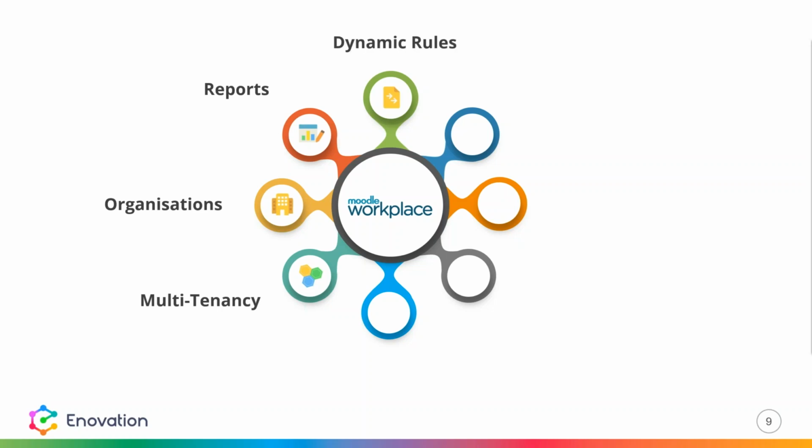Dynamic rules, so it's a condition action drag and drop feature to set up rules. So if somebody is a member of a certain department, they can be automatically assigned to a program of learning, for example. So we've got programs, so with a series of courses all set together.